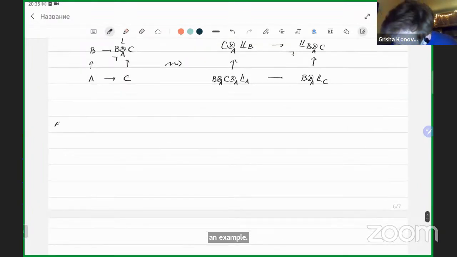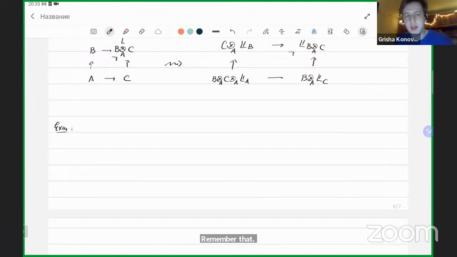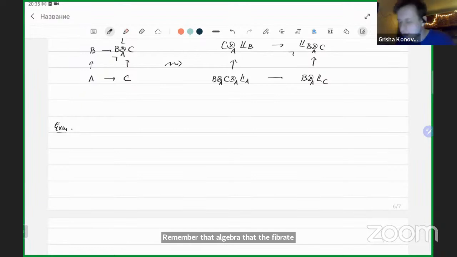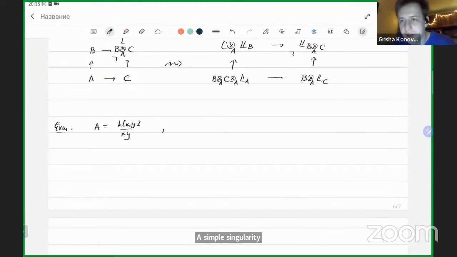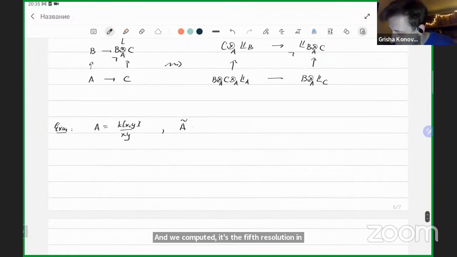Remember that cofibrant algebra that we saw closer to the beginning of the talk. We took a simple singularity and we computed its cofibrant resolution in the category of connective commutative differential graded algebras.